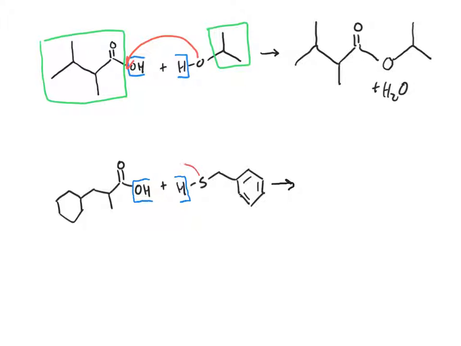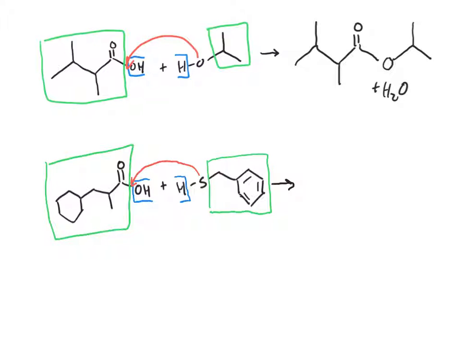And now our sulfur is going to come in and attach itself where the OH was, and the rest of our thiol is simply going to get pulled along. And we have not changed anything in the remainder of our carboxylic acid.